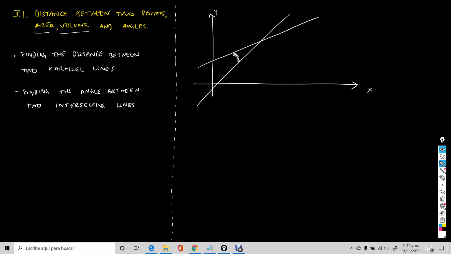Like this one, or this one, or which one? Each of these distances between these two lines are different, and they're going to be ever more different as I go far away in this direction. So the concept of distance between lines is not defined for intersecting lines, only for parallel lines. So let's see how it's done. It's a very simple thing.